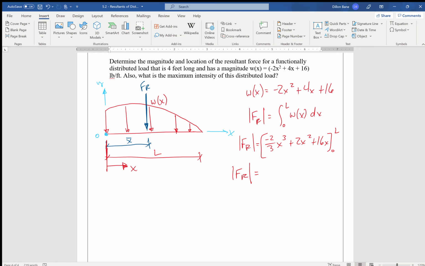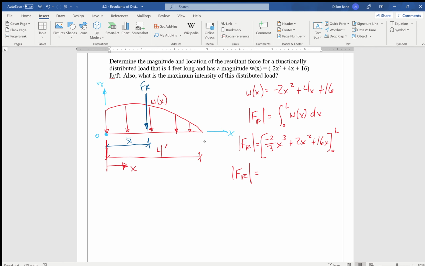and keep in mind, right, that all of these values, I'm sorry guys, the problem statement, I didn't draw it on here. The problem statement said that the length of the load is 4 feet, right?